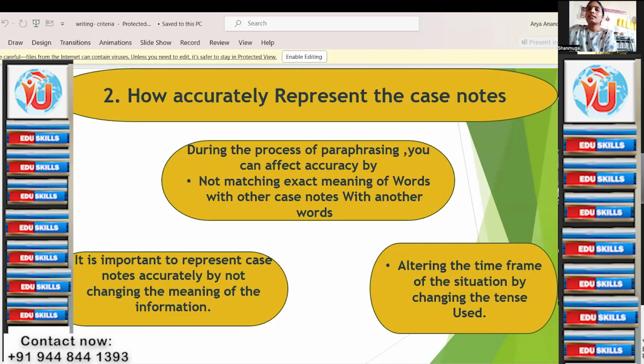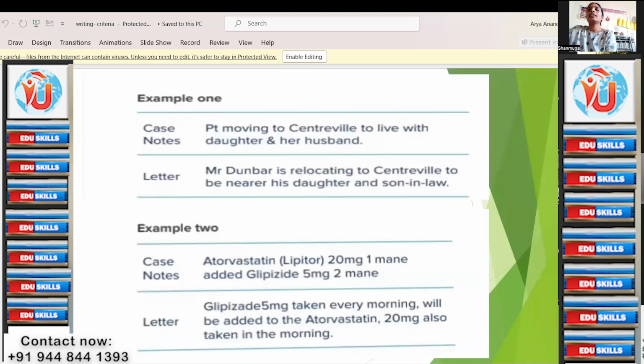The first example, here, the case note says the patient is moving to Centerville to live with his daughter and her husband. In your letter, if you are writing relocating, that is, changing, moving means relocating. So we are changing the word, but it doesn't mean that we are changing the whole scenario.